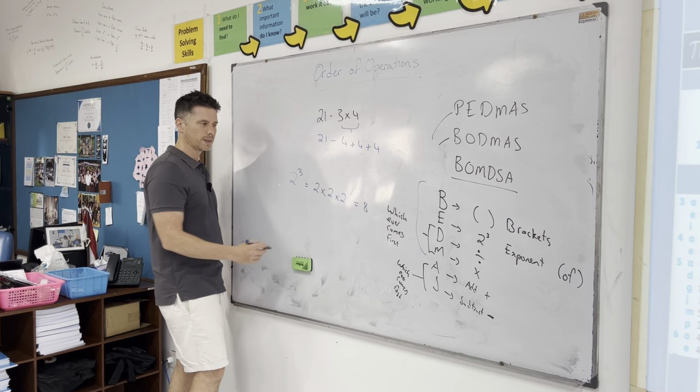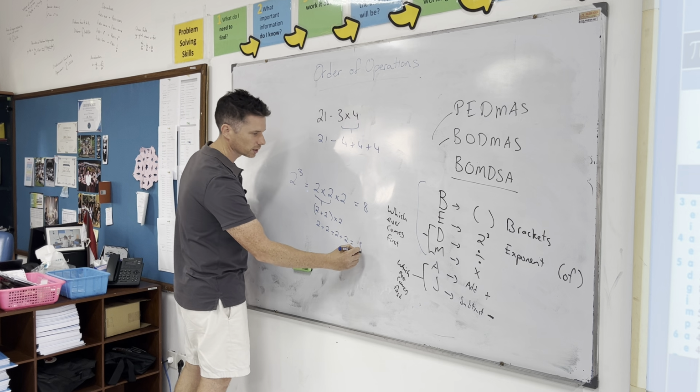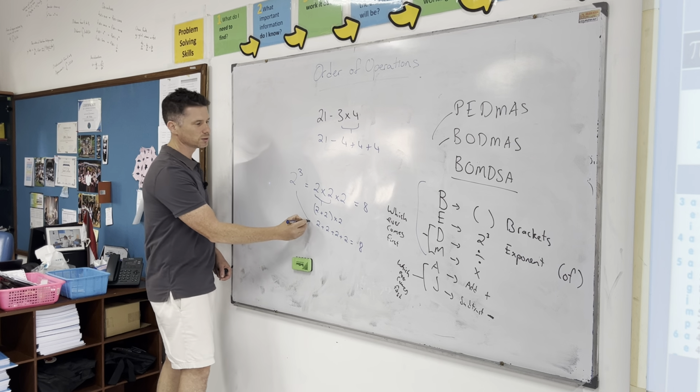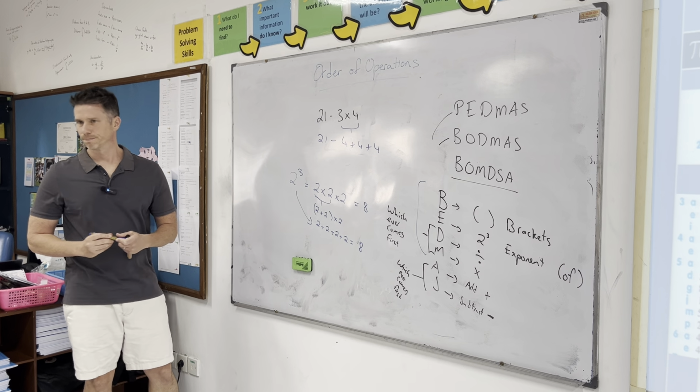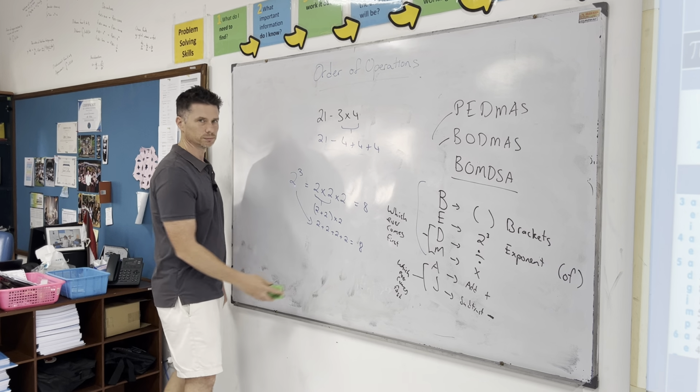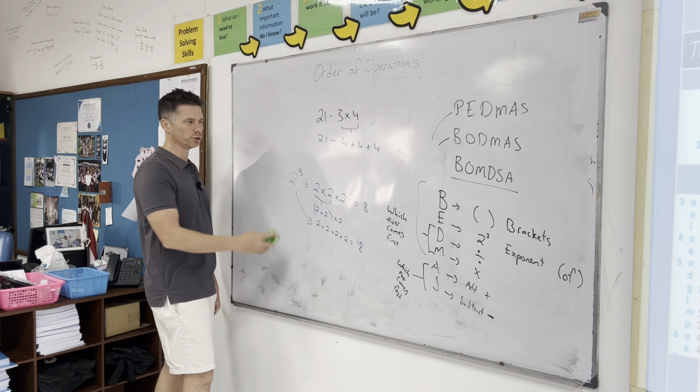So this is 2 plus 2, but that is also doubled. So if I did 2 of those 2 plus 2s, that's equal to 8. So this 2 cubed can come down to addition as well. Okay. Confusion? Maybe.